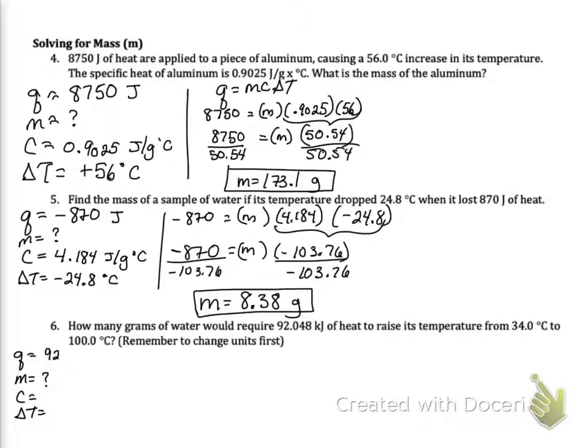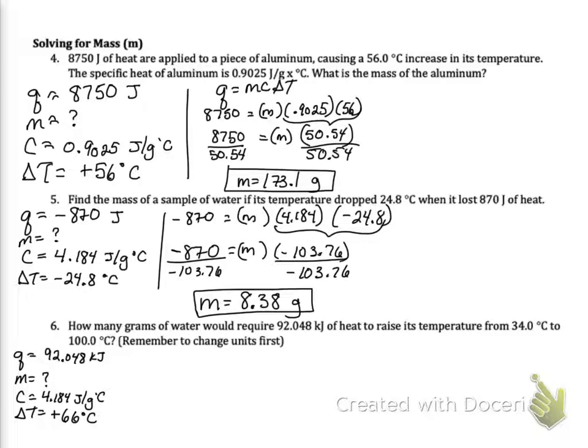We were given 92.048 kilojoules. It's water, so the specific heat is 4.184 joules per gram degree Celsius. And the temperature went from 34 to 100. So 100 minus 34, the temperature increased 66 degrees Celsius.